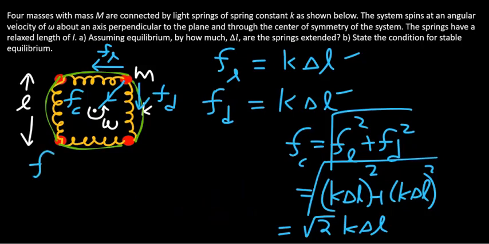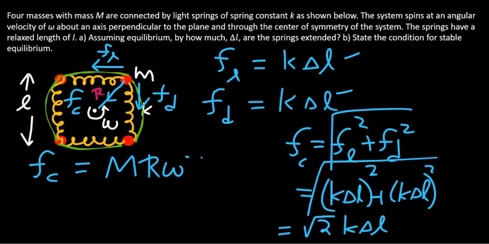However, we know the formal definition of centripetal force equals the mass times the radius of that circular trajectory times omega squared. In this case, the radius is given by that distance from the mass to the center of rotation.